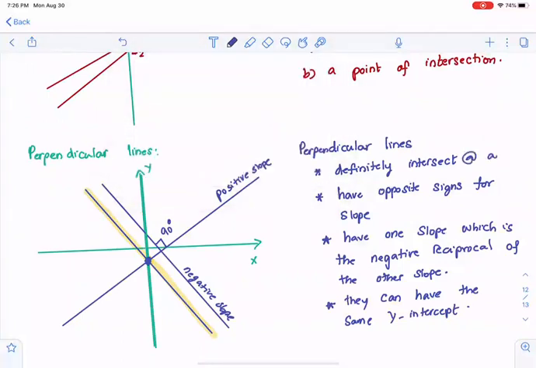At a right angle. They will have opposing signs for slope, and the slope of one is the negative reciprocal of the slope of the other, and they can't have the same y-intercept, unlike parallel lines.